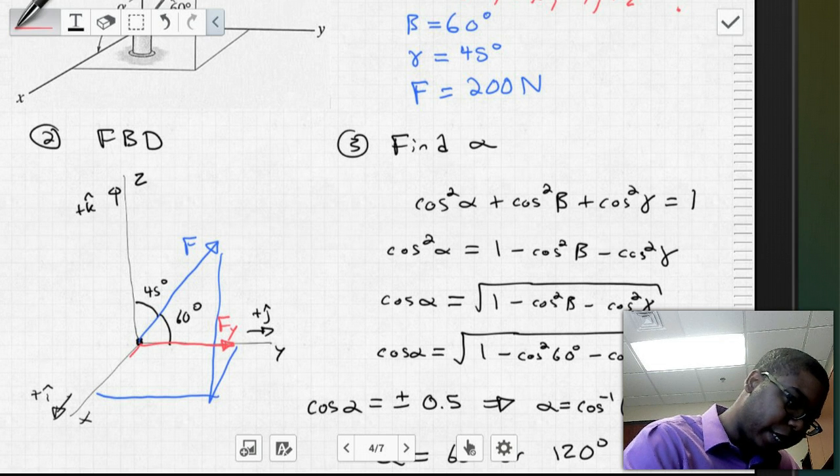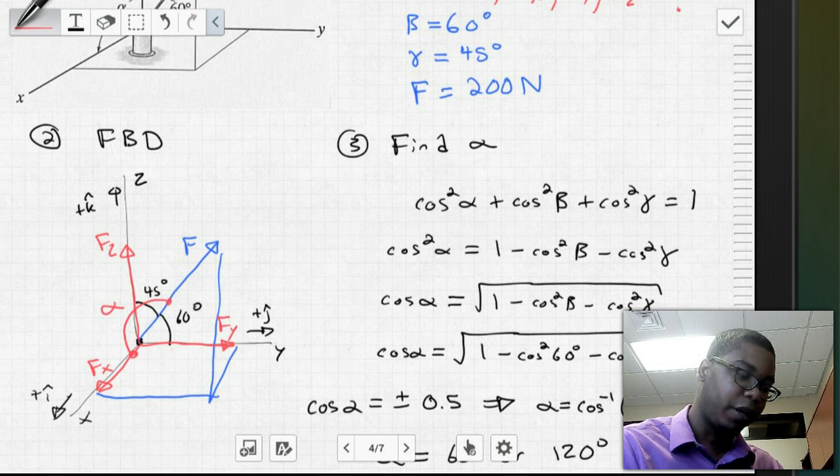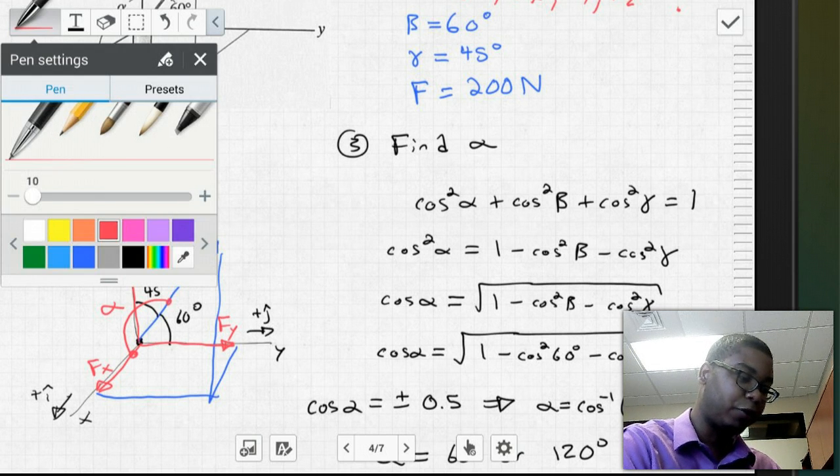So Fy, Fx, Fz, and our angle alpha, which goes from F to the x-axis. So now that we've drawn our free body diagram, we've established a coordinate system, put our knowns as well as our unknowns, let's go ahead and attempt to try to solve this problem.